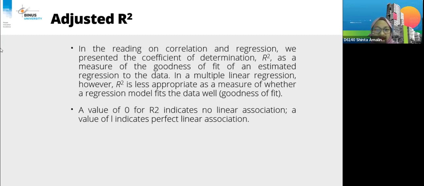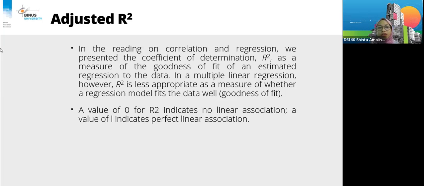So, in statistics or economic terms, this is called goodness of fit: how well the independent variables can explain the dependent variables. The closer the number is to one, the better the independent variables explain the dependent variables. So we expect a higher R square, close to one.